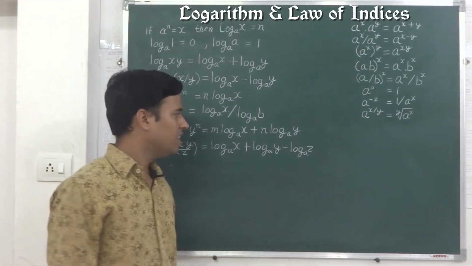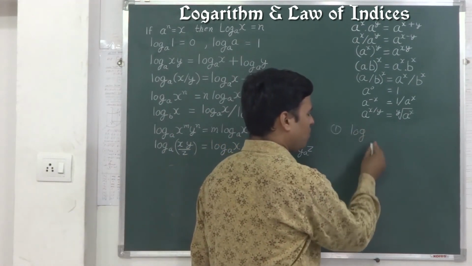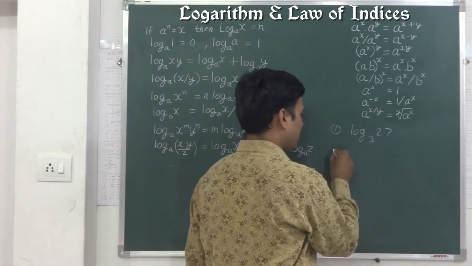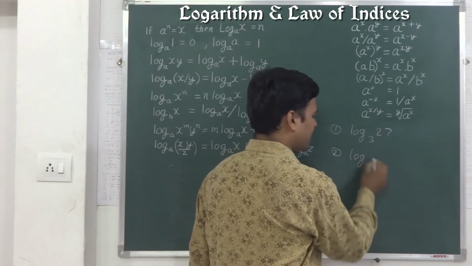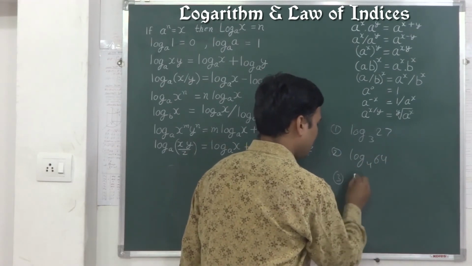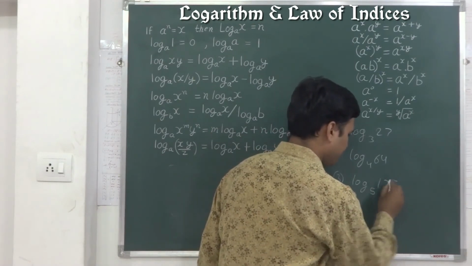Now dear students, if I give you some simple problems: number 1, log base 3 of 27; number 2, log base 4 of 64; number 3, log base 5 of 125.